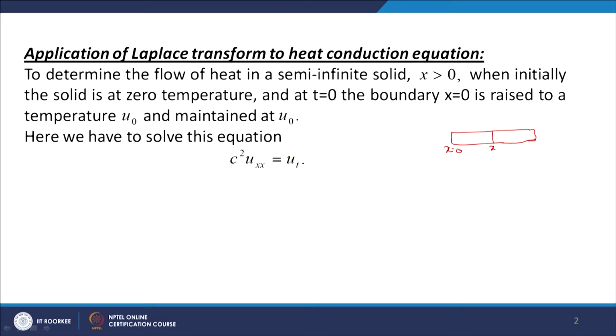So, we want to determine u x t. u x t is the temperature in the wire at a distance x, let me say this is end A, and at time t.